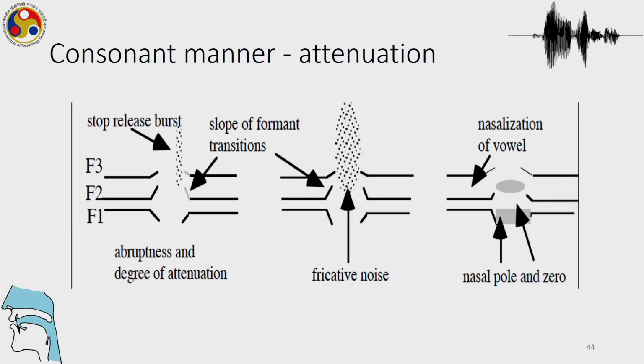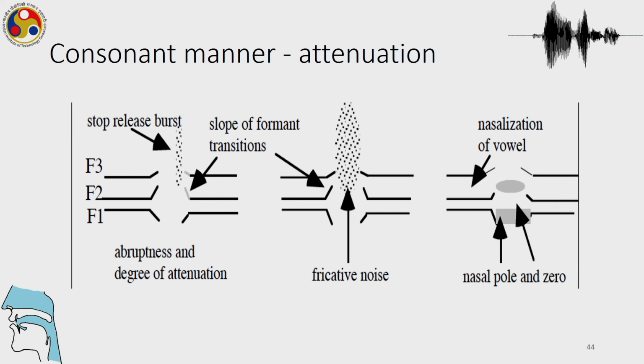Apart from that, when it comes to manner, the attenuation is very important. So, for stops, you would hear a stop release burst and the abruptness and degree of attenuation. For fricative noise, it is rather slow, the degree of attenuation is also a bit slow, so you can hear a lot of noise for fricatives.